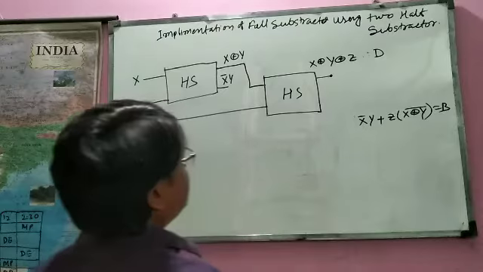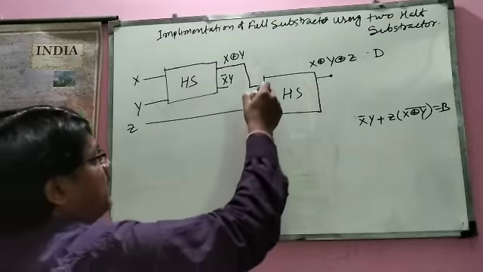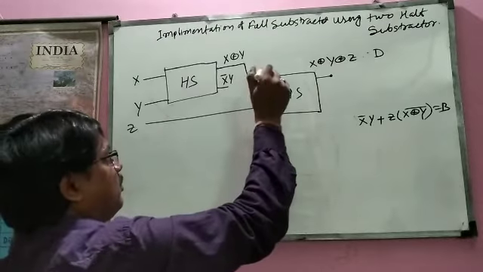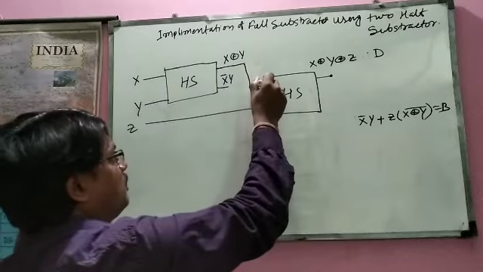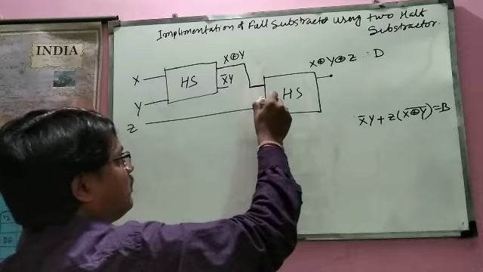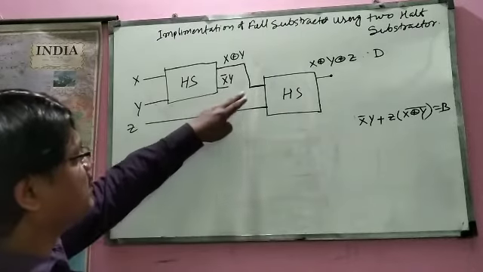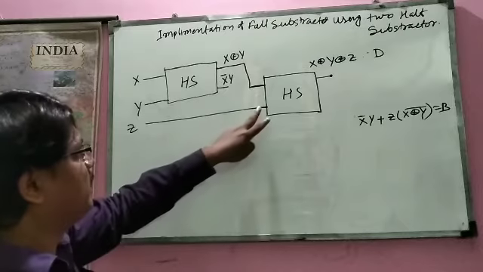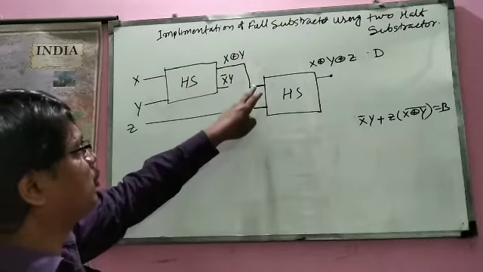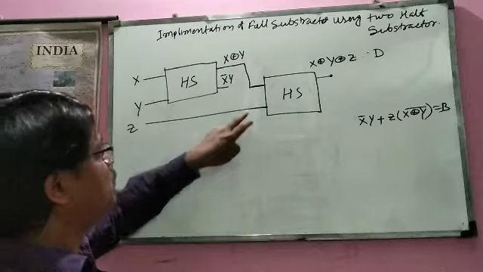At this point, it will give the XOR of the input at this point and the input at this point. So what is the input at this point? So x XOR y, and what is the input at this point? z. So what will be the XOR of these two values?